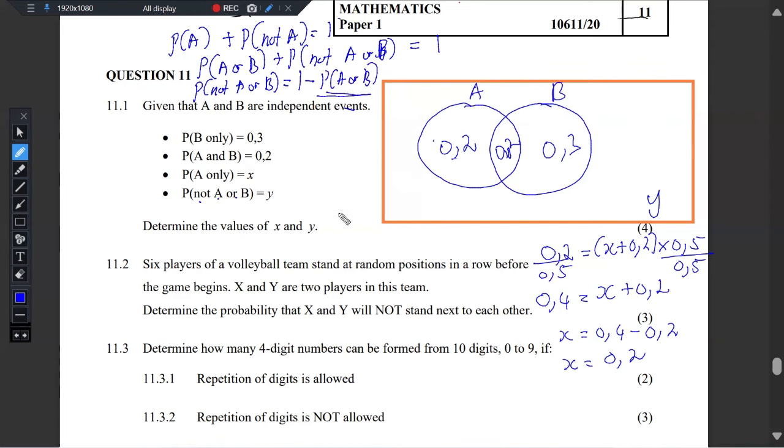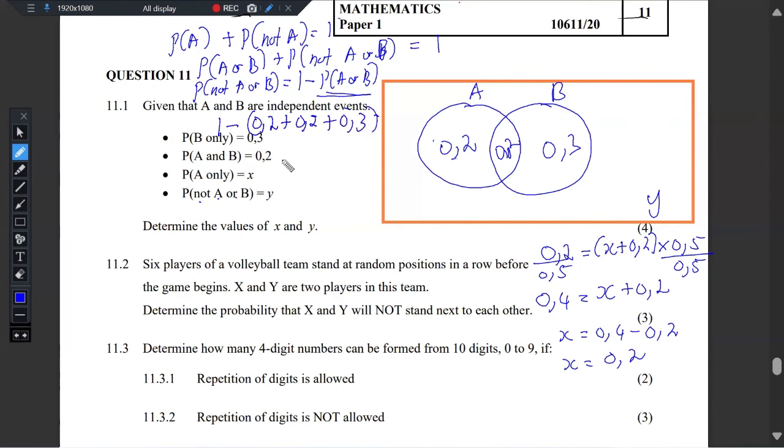But remember, we can get the probability of A or B. To calculate that one, the probability of A or B is when we add everything up here. So let me try to write it visibly: 0.2 plus 0.2 plus 0.3.